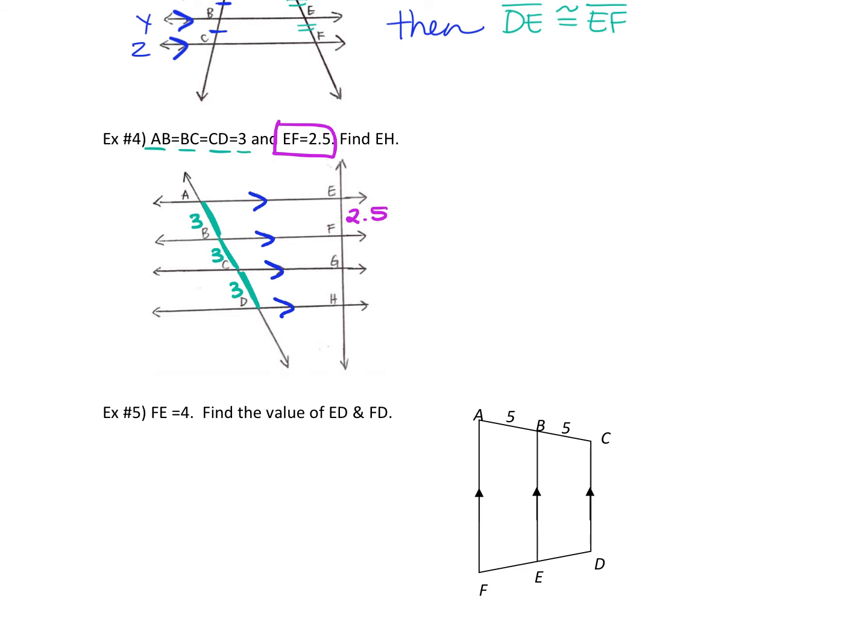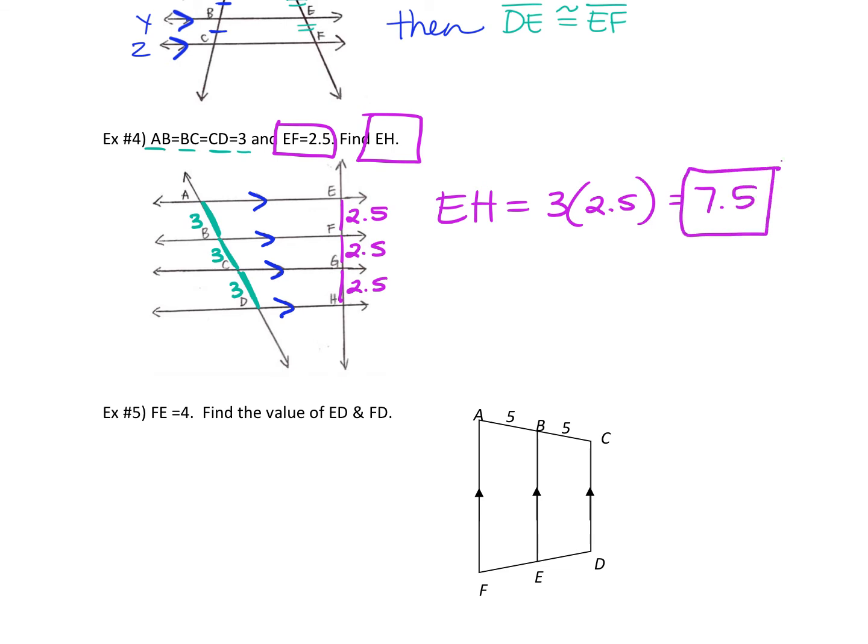What is FG? 2.5. What is GH? 2.5. So each one of these little segments is 2.5. The question is, what is EH? You just take those 3 lengths and add them together, or 2.5 times 3. There are 3 segments that are 2.5 units long, so 7.5 would be the length of EH.